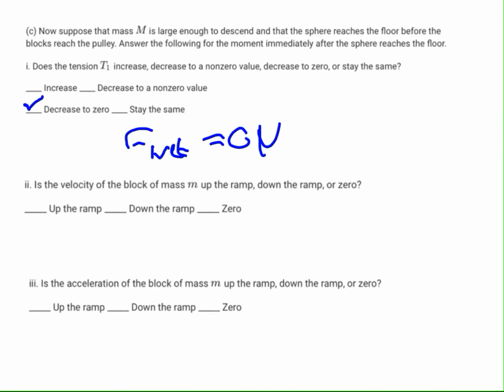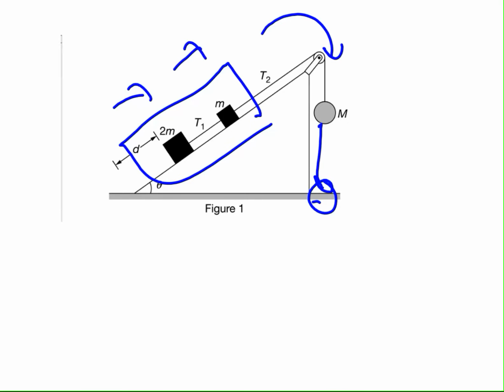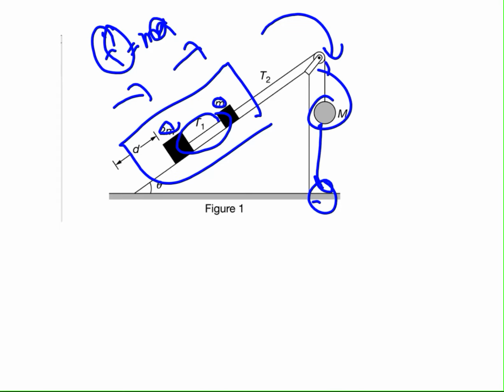The net force is 0. Both blocks at that instant in time are traveling upwards with the same speed. There's no longer an acceleration because the net force is 0. So if there's no net force, there's no force acting between these. There's no force of this thing pulling on those things.